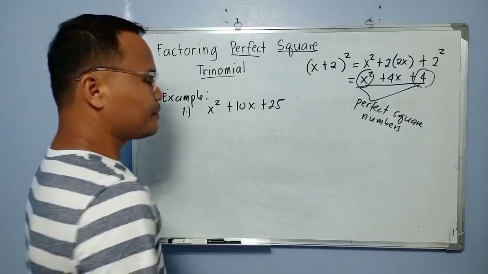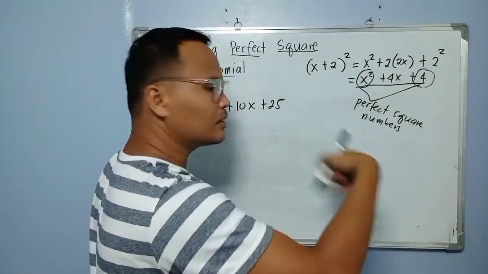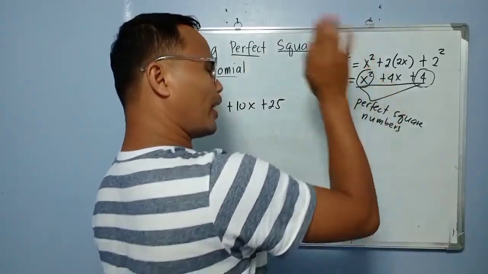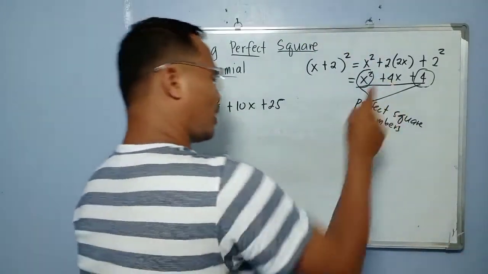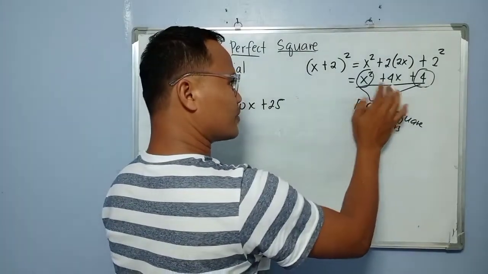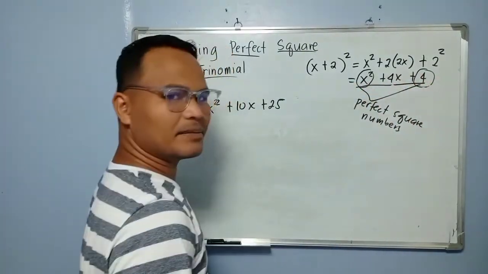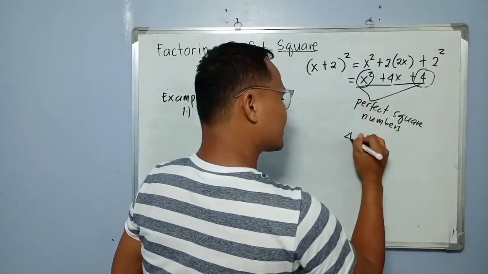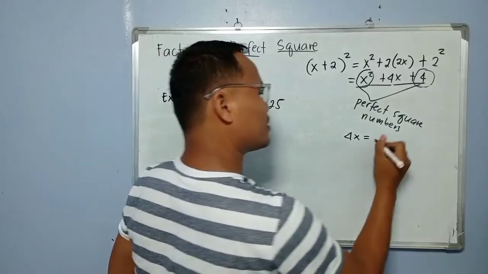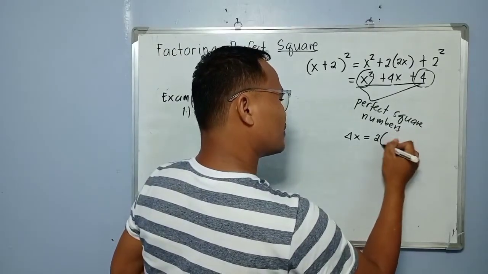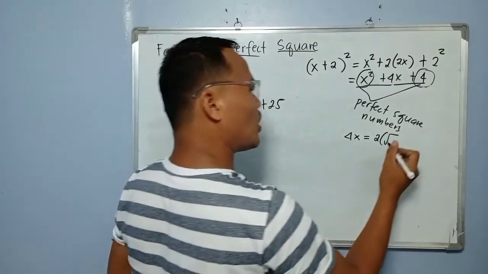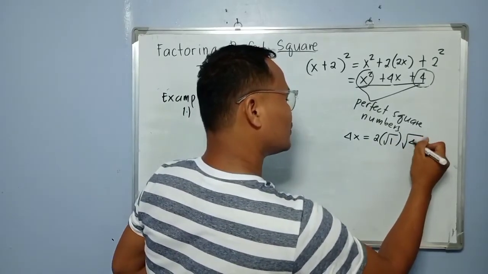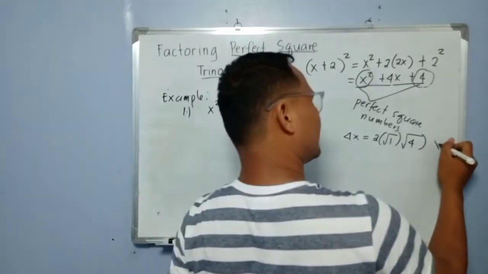Now, take a look at the second term. The second term here is 4x, or the coefficient is 4. Now, what is the relationship between the first term and the third term? There is a relationship with this. 4x could be expressed as twice the product of the square root of the first term and the square root of the last term.